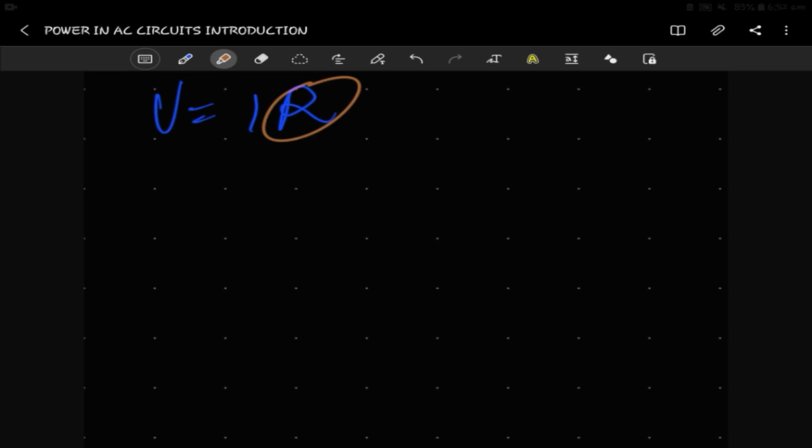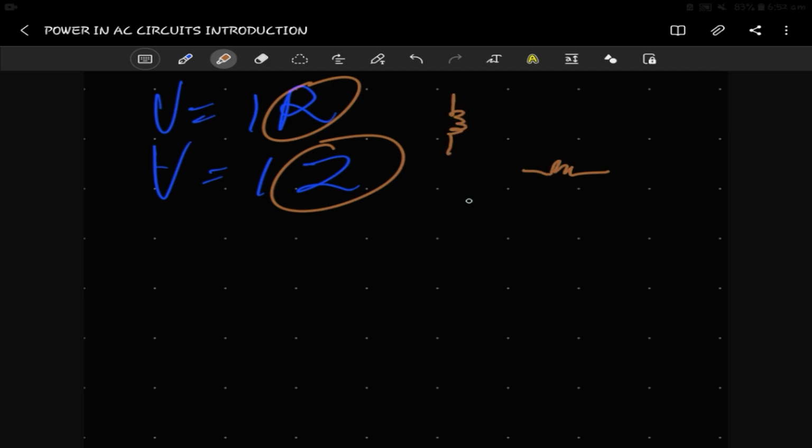And then we said, for that we rewrote Ohm's equation for AC, where we said V is equal to IZ, right? And because of this Z here, there are other elements aside from the resistor. So aside from the resistor, we end up having an inductor, and then we have a capacitor as well.